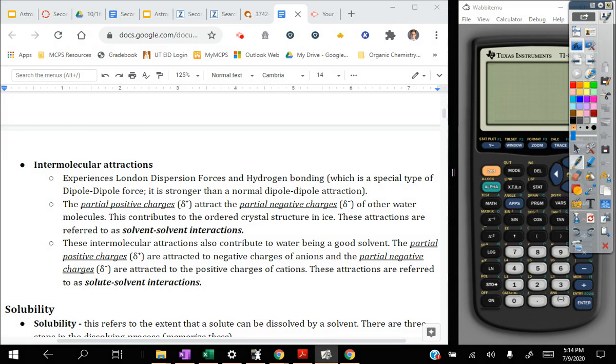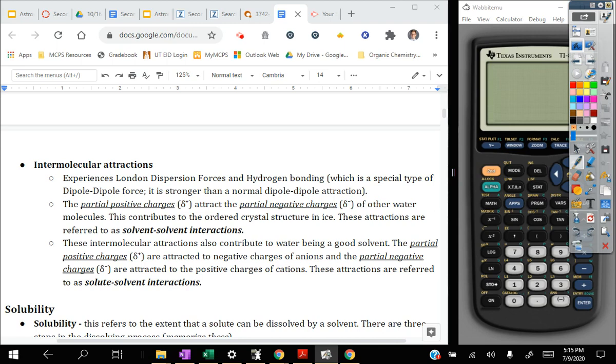No, it is not covalent. Hydrogen bonding is a terrible misnomer, but what you do need to know is it's the strongest type of intermolecular force. As a result of having a strong intermolecular force, the water molecules are going to stick together and require more energy to separate. So we'll talk about that a little bit more in a bit.